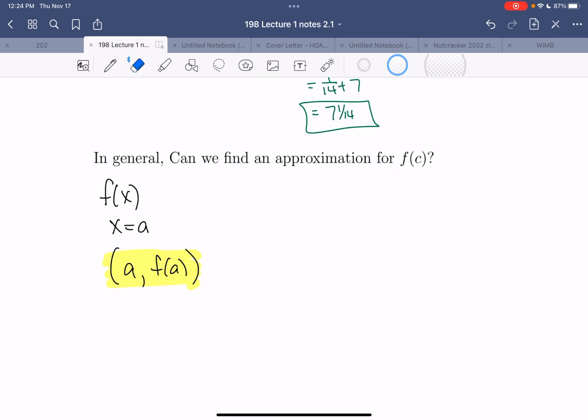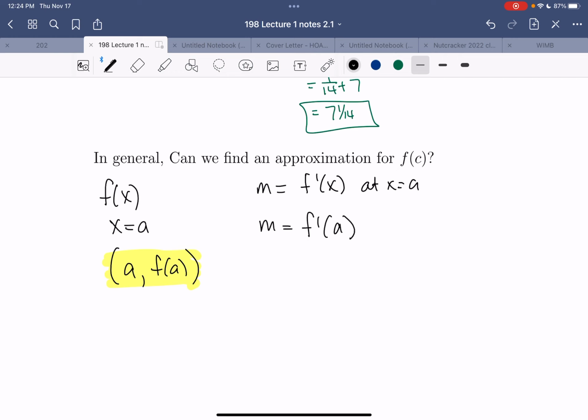Well, we're working with the slope of the tangent line because we're writing the equation of the tangent line. So the slope of the tangent line, the m, is equal to the derivative of our function, but at x equals a. So our m is really f prime of a. And that's my slope.